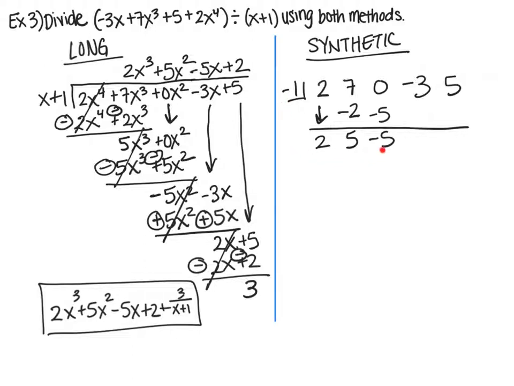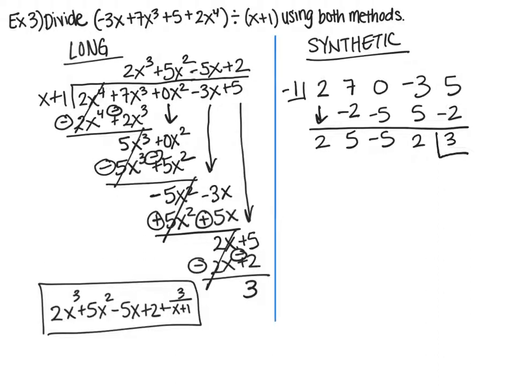Negative 1 times negative 5 is positive 5. Negative 3 plus 5 is 2. Negative 1 times 2 is negative 2. And then 5 minus 2 is 3.